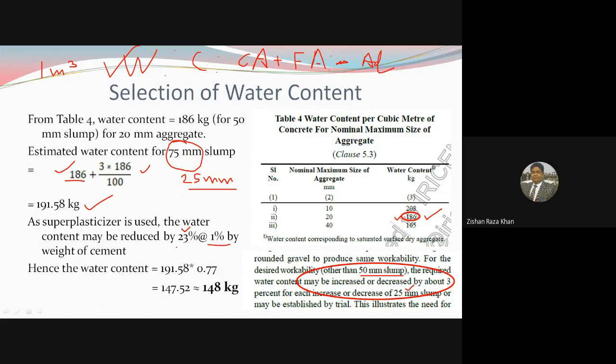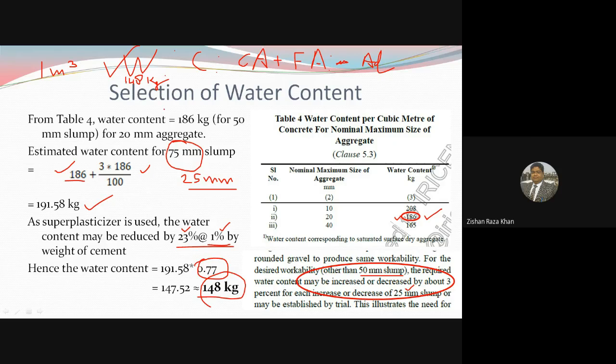So we adopt this trial value, and 23% of water is reduced, assuming that 1% dosing is there. So we just reduce 23% by multiplying it by 0.77, and our water content comes out to be 148 kg.